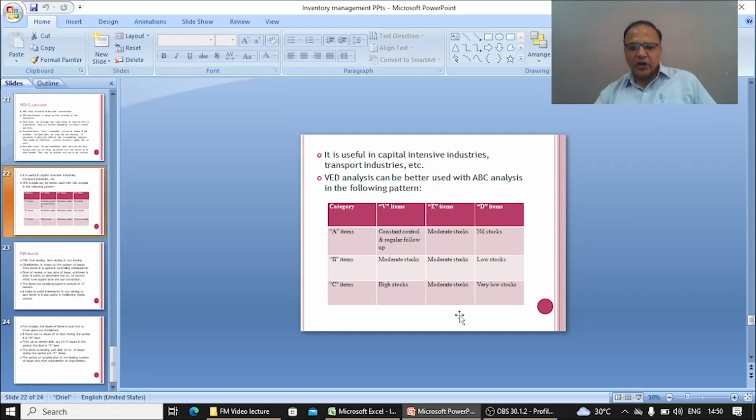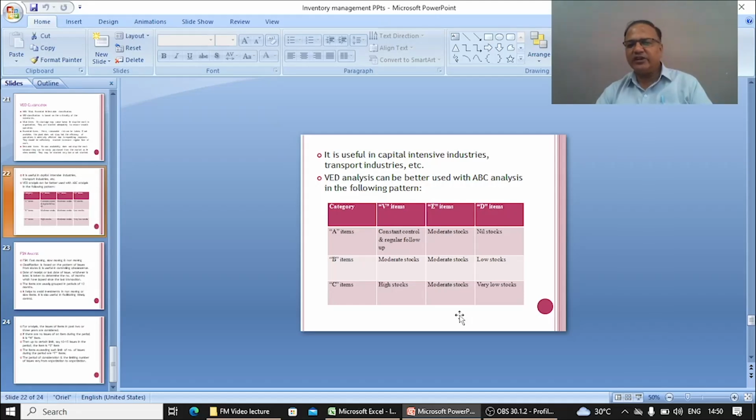Constant control and regular follow-up for an A item if it's a vital element. If according to ABC it's a B item and according to VED it's V, then moderate stock, and for a C item it's high stock. Again, for E items, moderate stock.